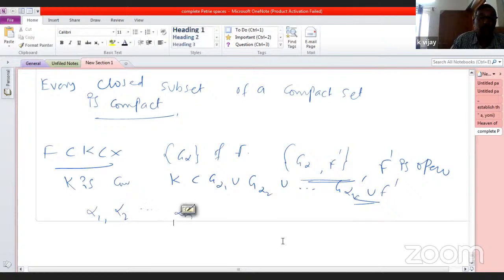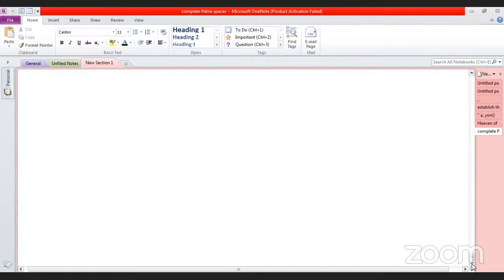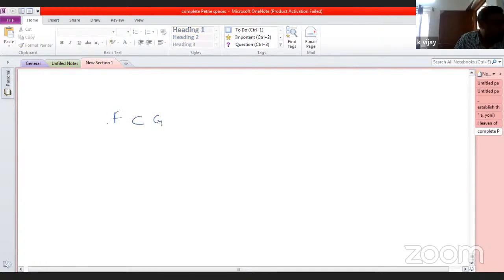So therefore here, F is a subset of G alpha 1 union G alpha 2 union and so on G alpha n.